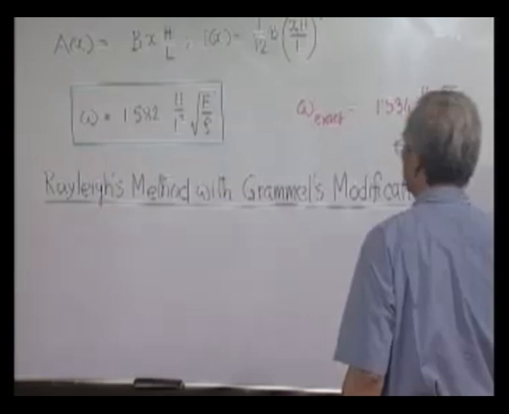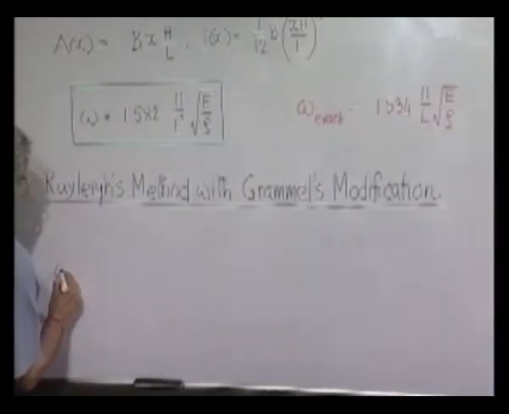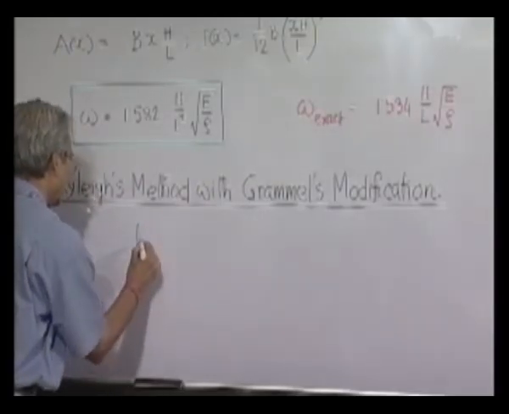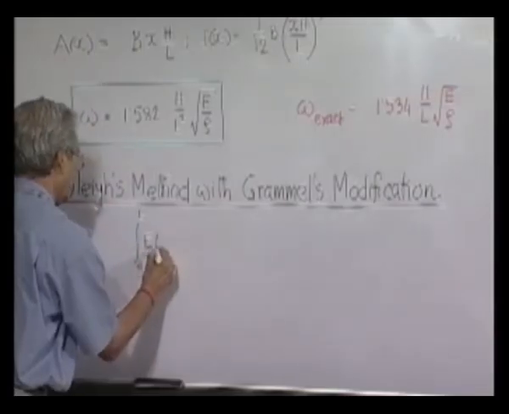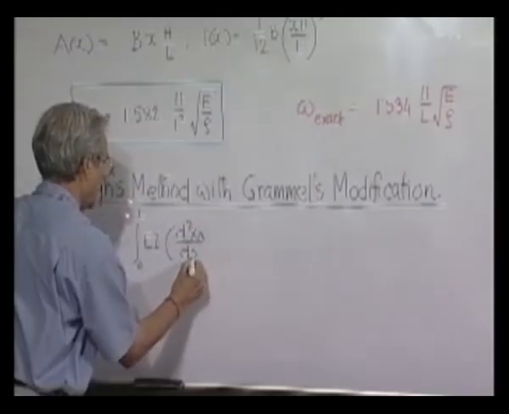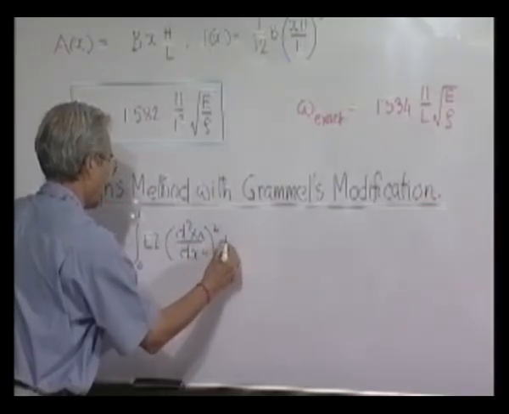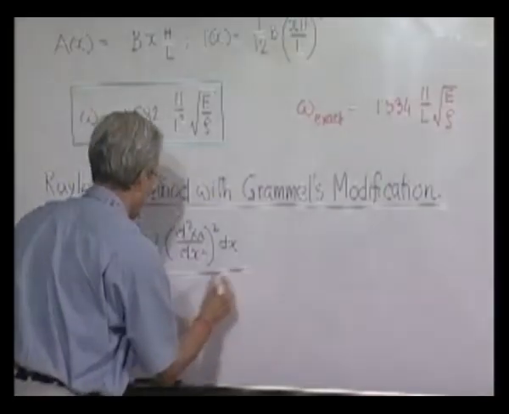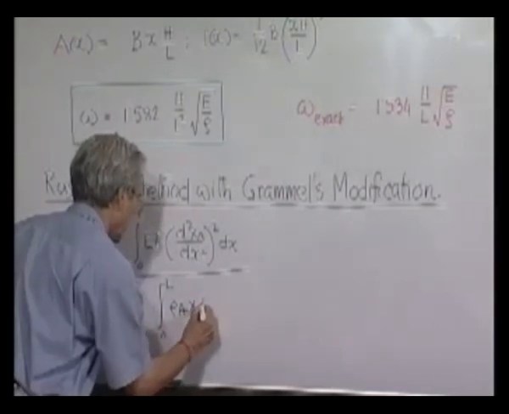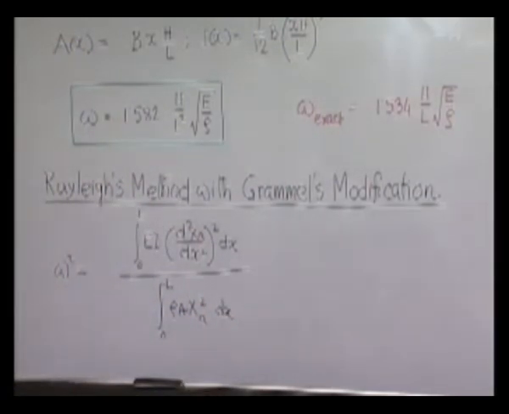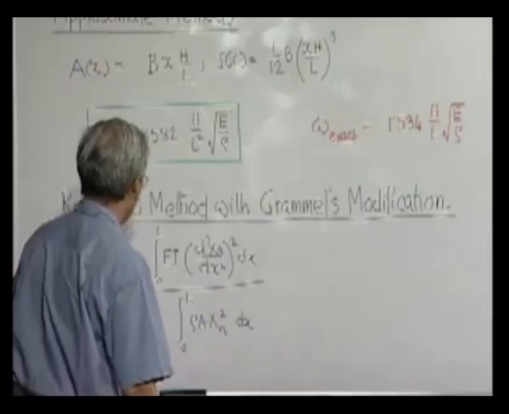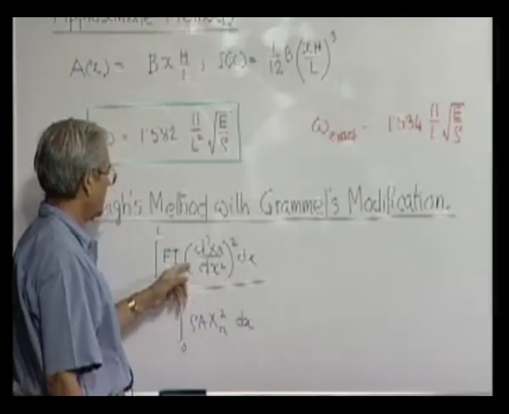We have seen that omega square, which is the Rayleigh's quotient, we are expressing as an integral from 0 to L. With a little bit of thinking, it can be found that errors are getting introduced because of this double differentiation.